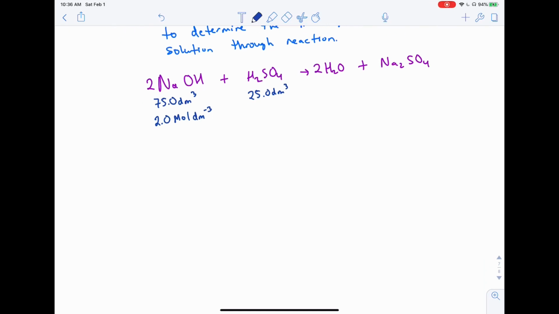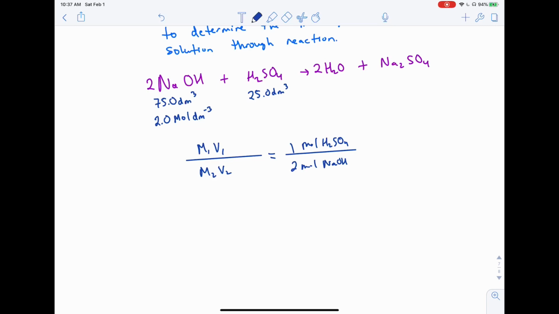This is where the super equation kind of originated from, because I would say, well, moles of H2SO4 to moles of NaOH, it's 2 to 1. Well, M1V1 and M2V2 must equal that. So the molarity of this times the volume of this must equal the molarity of this times that volume.